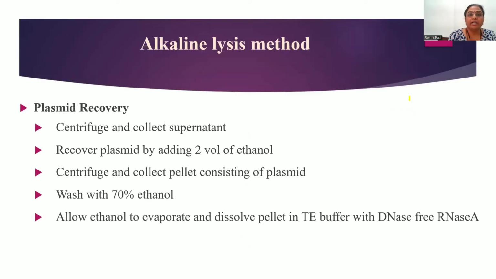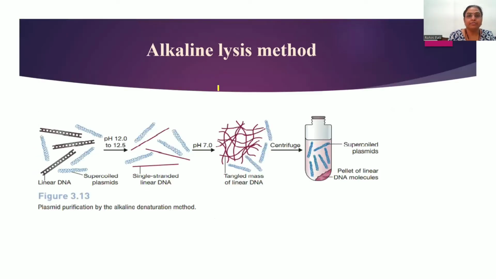Now when we add the alkaline lysis solution 2, that is the NaOH, the pH of the medium is going to change from 8 to 12 to 12.5. That is, alkaline conditions are created. During these alkaline conditions there will be denaturation of the DNA.